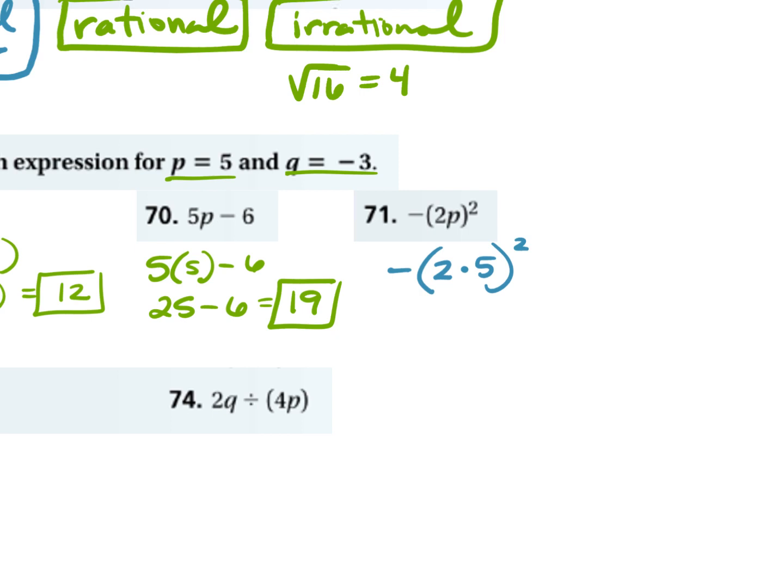What do you do first? 2 times 5. So there's a negative, this is 10 squared. What do you do next? The exponent. So 10 squared is 100, so you have a negative and 100, and that's your answer, okay? Don't do -10 and square it. That'd be a +100. This negative is your last step. You have to square before you can essentially multiply by a -1, right?